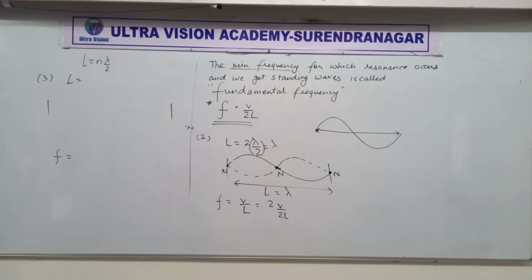Not in form of lambda. 2v by 3 lambda is wrong. It cannot be 2v by 3 lambda. Frequency is always v by lambda.